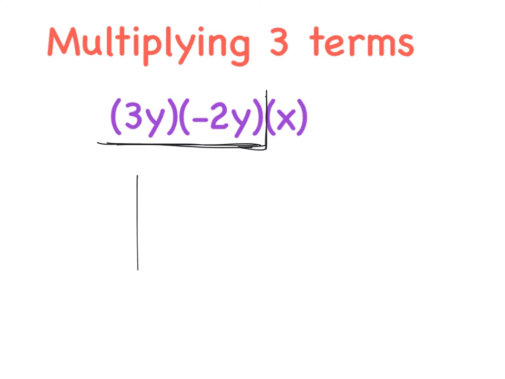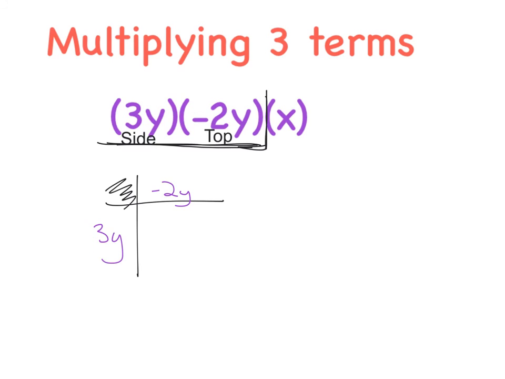So we have our box here. We have side under 3y. We have top under minus 2y. And I'll fill it in. 3y here, minus 2y here. So again, we multiply.